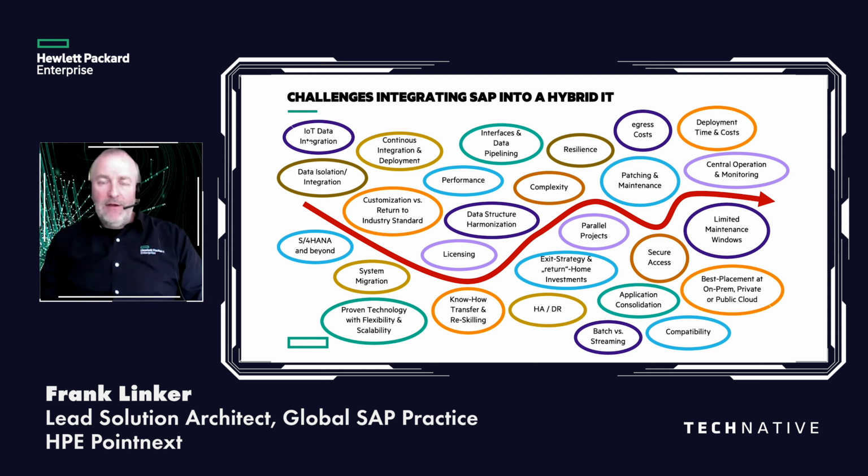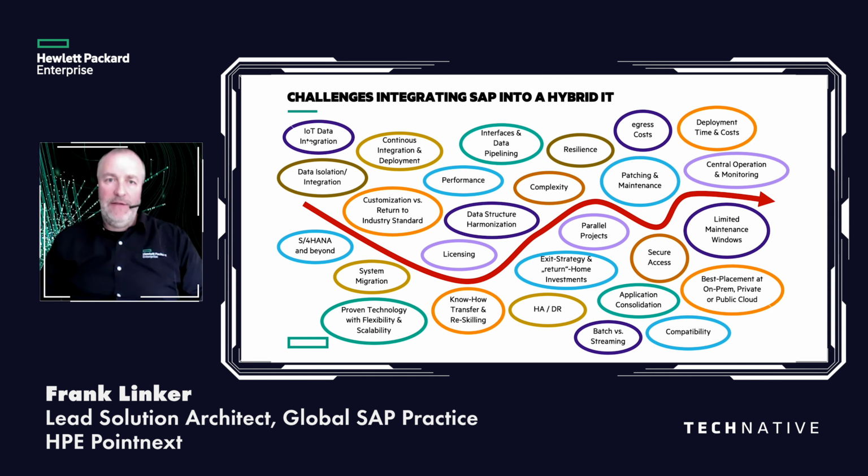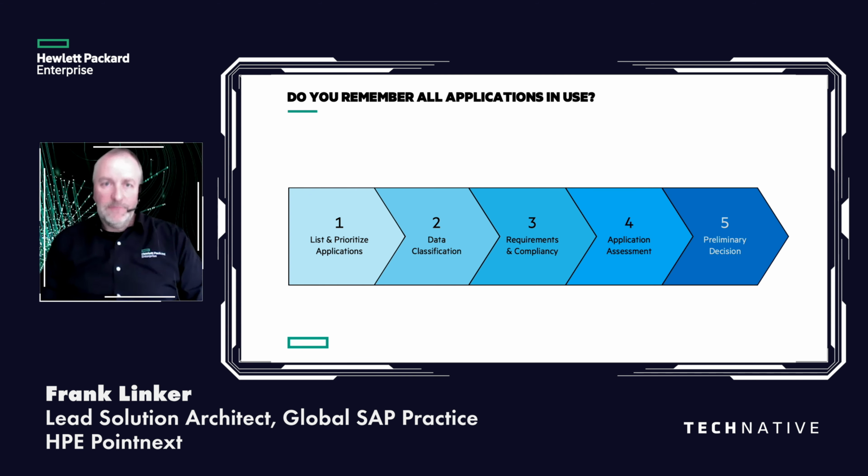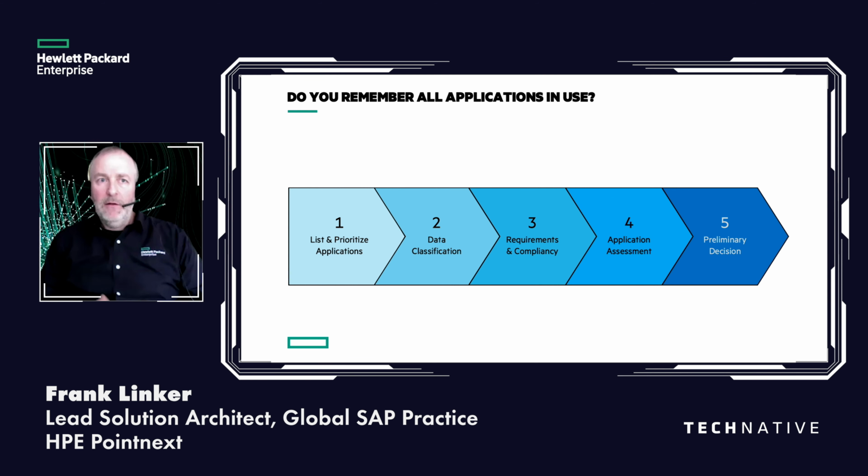A common issue we see when a customer comes up with their hybrid IT strategy is that they cannot tell us what applications they have in use. It sounds a little bit weird that customers don't know about their applications. But when I look back at our own transformation, which we started two or three years ago, we had to analyze what kind of applications we had in place.